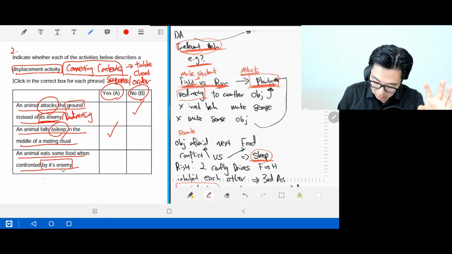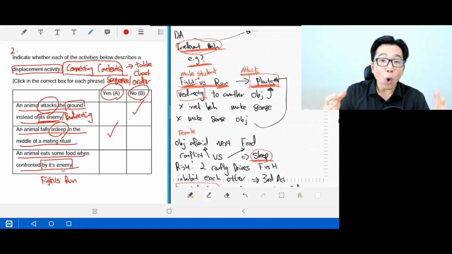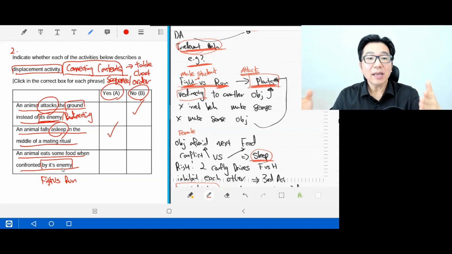Fight the enemy or run away, right? So if this animal neither fights nor runs away, then it's displacement activity.